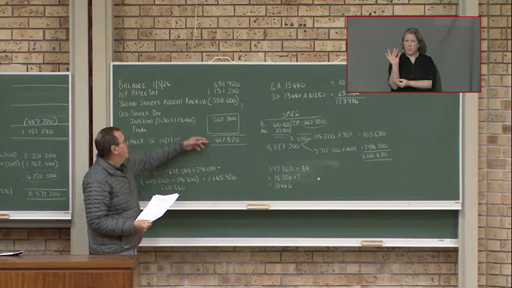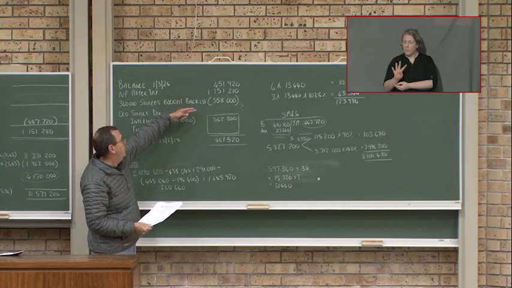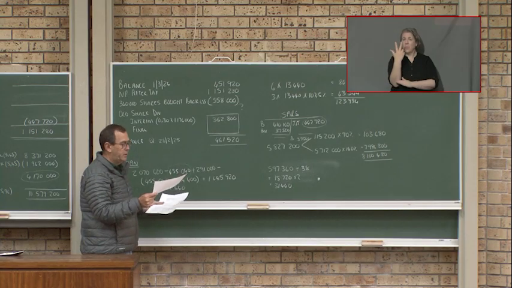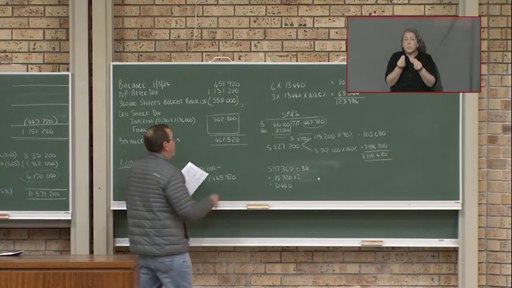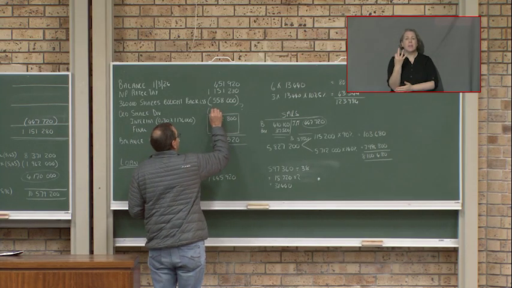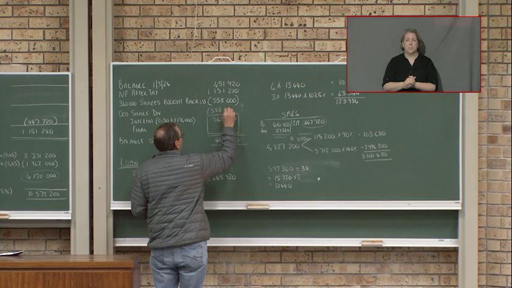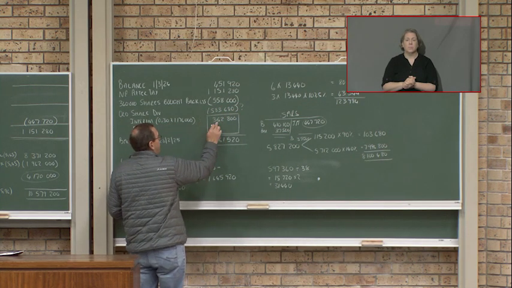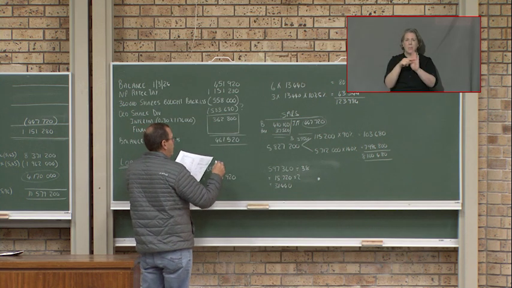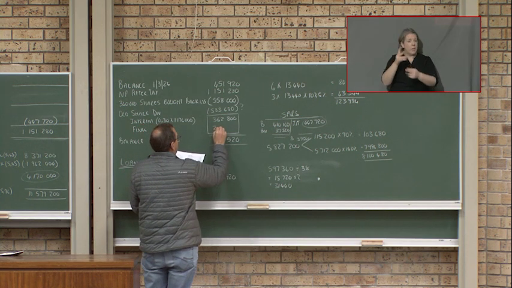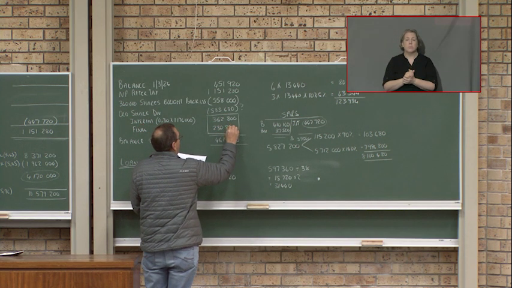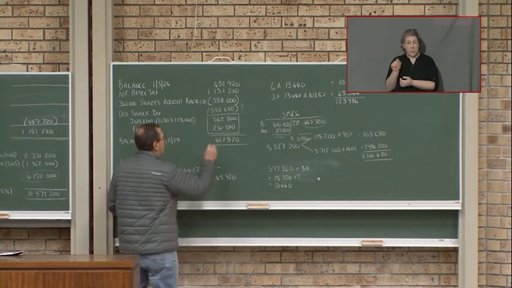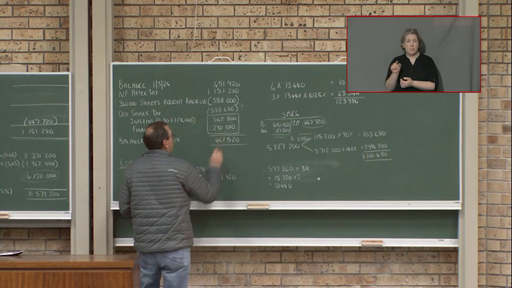We can work from the bottom: 461 plus 558 minus 115 minus 451, and you get a minus 583,680. And the 583 minus the 352 gives you then a final dividend of 230,880. So that is also a balancing figure.